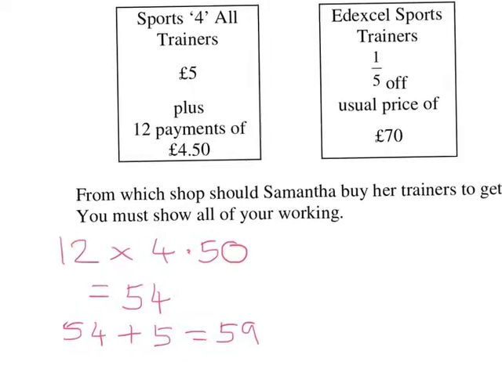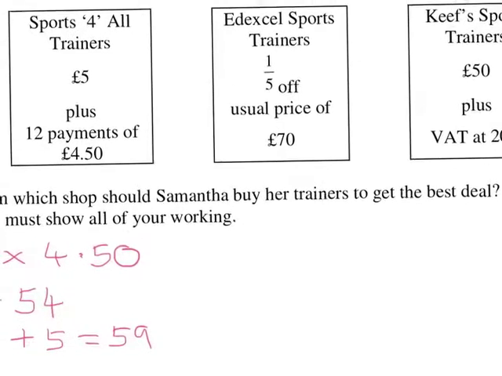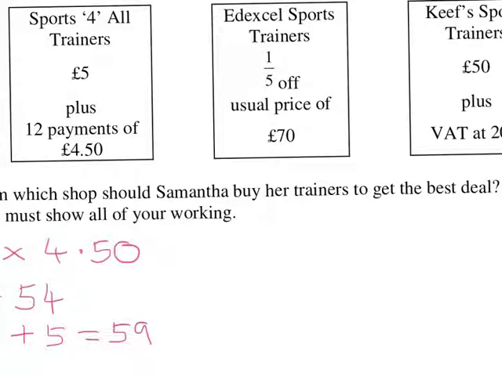Next we're going to look at Edexcel sports trainers: 1/5 off £70. So we need to work out what 1/5 of £70 is. This is going to be a different question, so we need to separate them up. 1/5 of £70, we'll divide 70 by 5, and we're going to get 14.